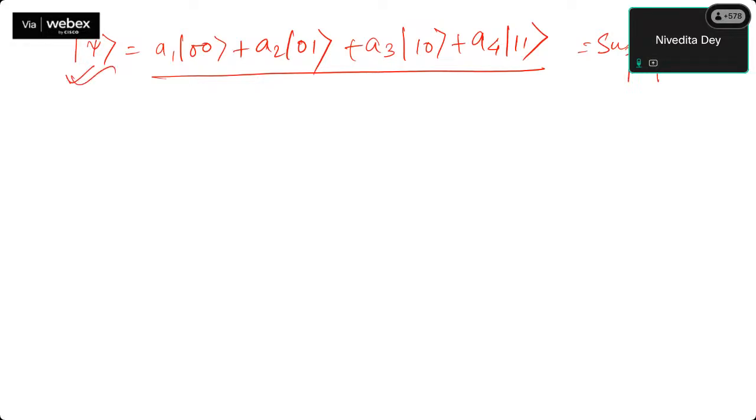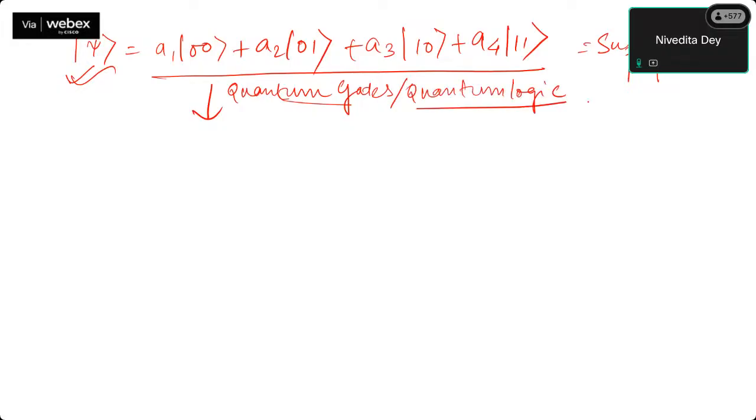Psi is in superposition. Now, if you're asking how to do that, through some quantum gates, which gate to use? Nothing. That is the quantum logic.